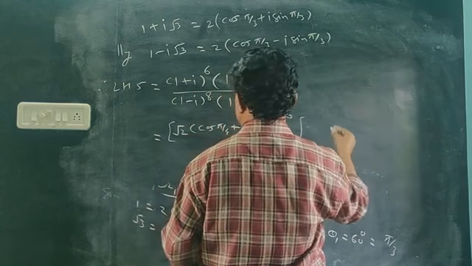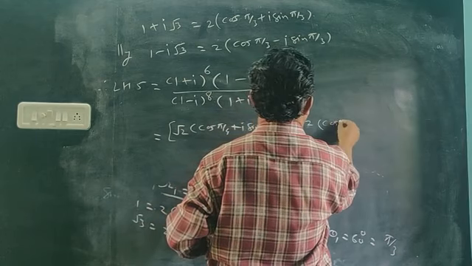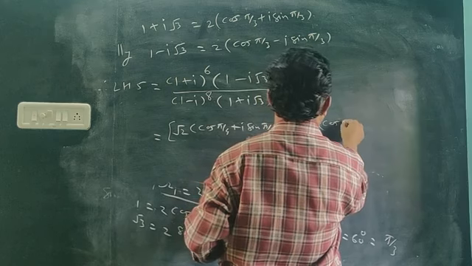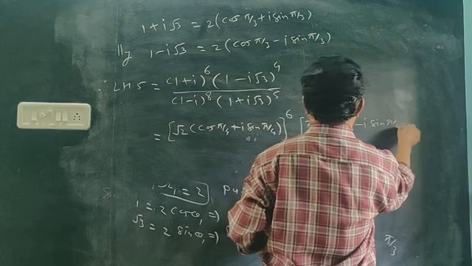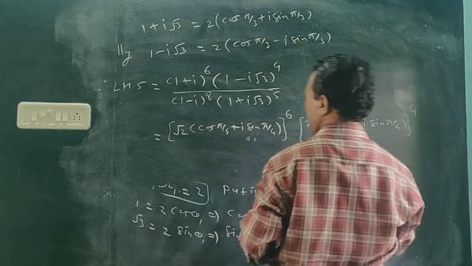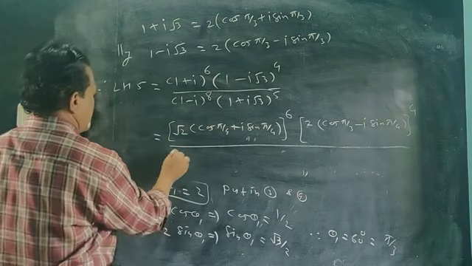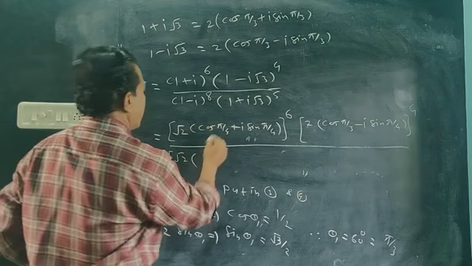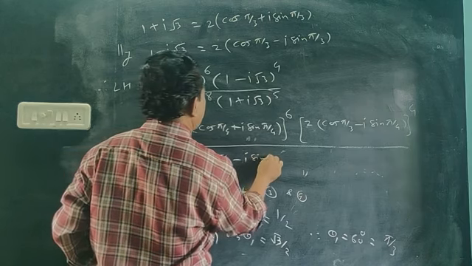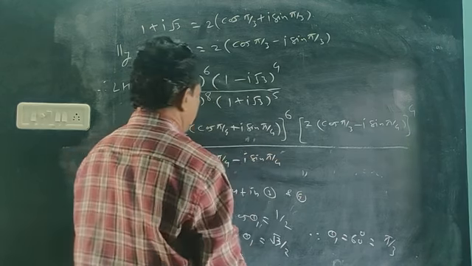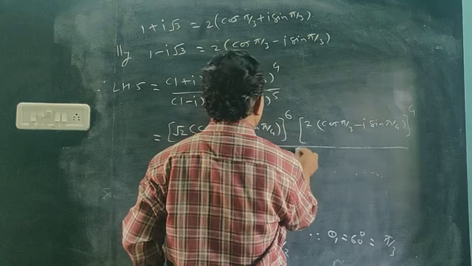And this 1 minus I root 3 is 2 times cos of pi by 3 minus I sin pi by 3, to the power 4, upon 1 minus I, which is root 2 times cos of pi by 4 minus I sin pi by 4, to the power 8.